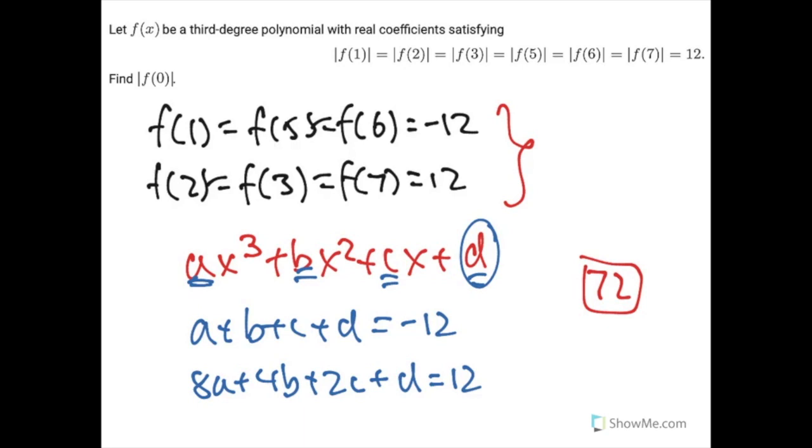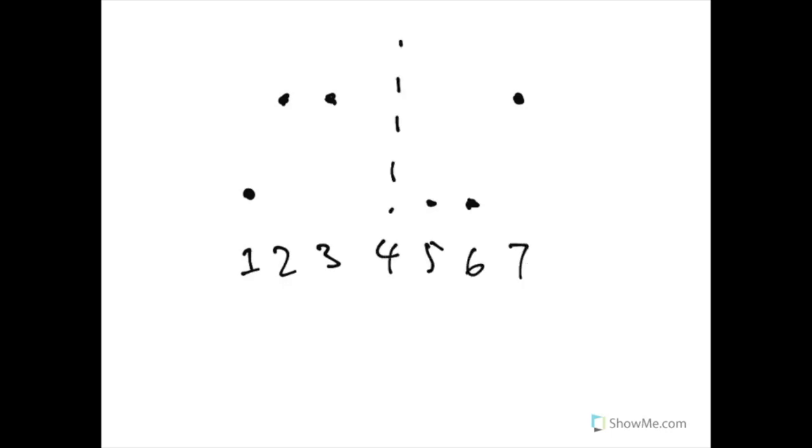There is, however, a slightly better method to solve this question than we are doing right here. And what that relies on is the intuition that this function is somehow symmetric. So here we have 1, 2, 3, 4, we don't know, 5, 6, and 7.